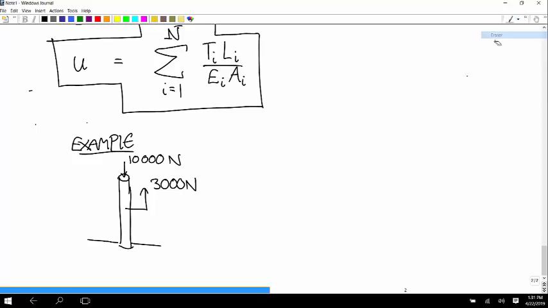And let's say over the whole pole, we have the same material. So Young's modulus for the whole thing, I guess we're saying this is steel, is 200 times 10 to the 9th pascals. And the cross-sectional area is 0.01 meters squared.